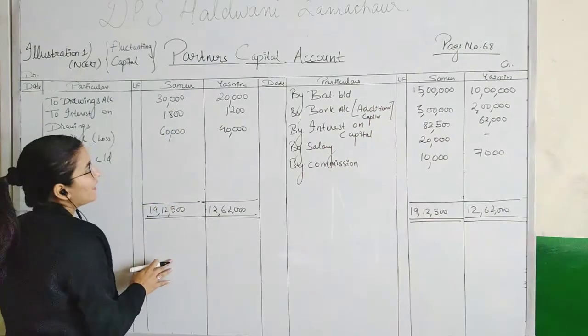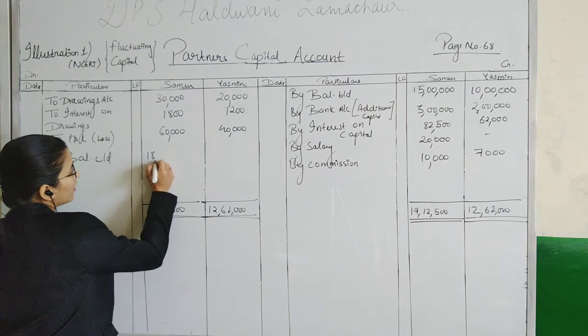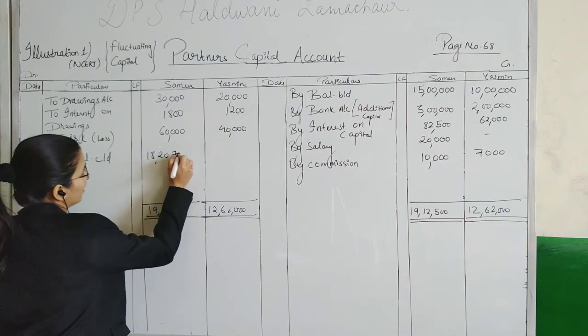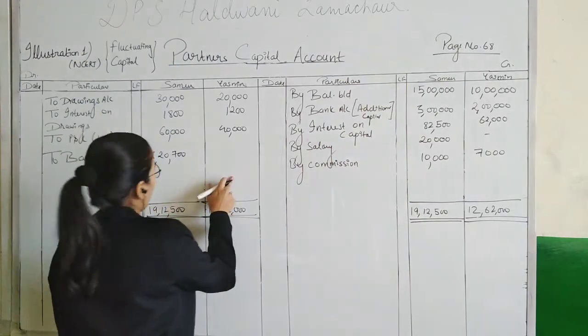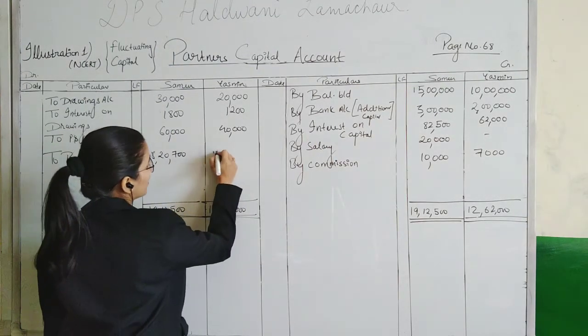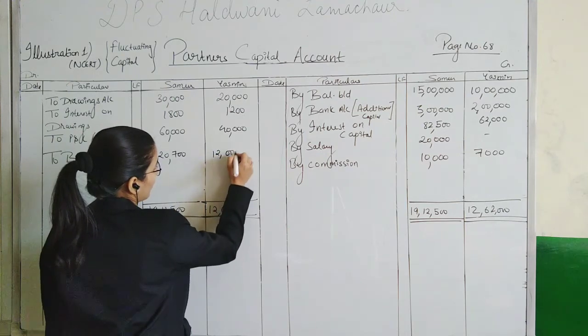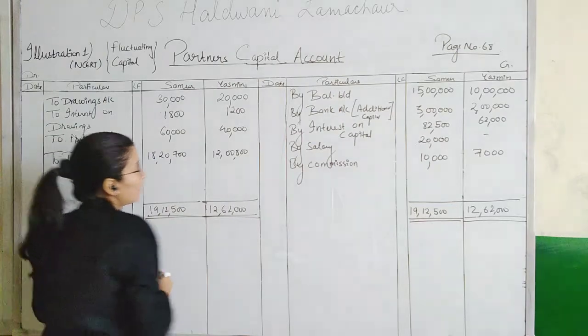The balance carried down amount of Sameer will be 18,20,700 and the balance carried down amount of Yasmin will be 12,800,000.